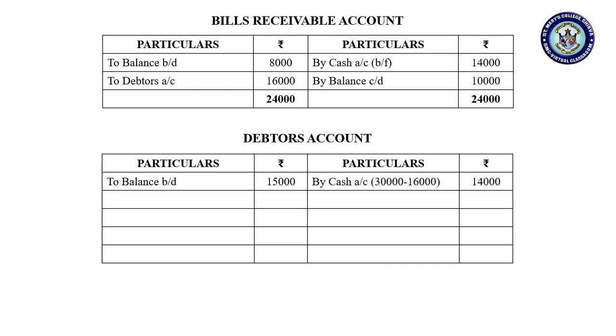So write by cash account 30,000 minus 16,000, it comes to 14,000. That is cash received. By cash account 14,000.